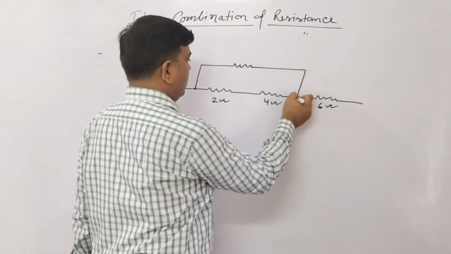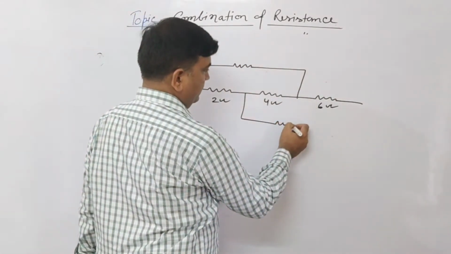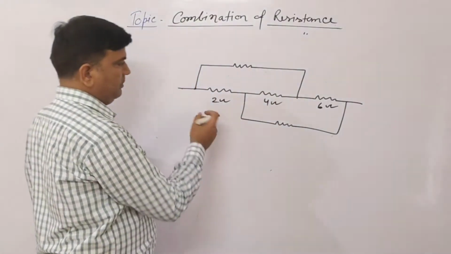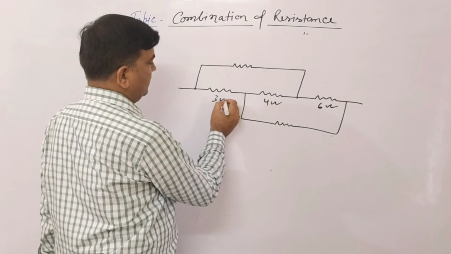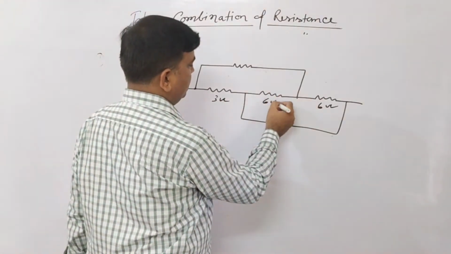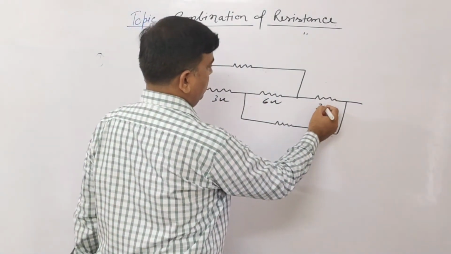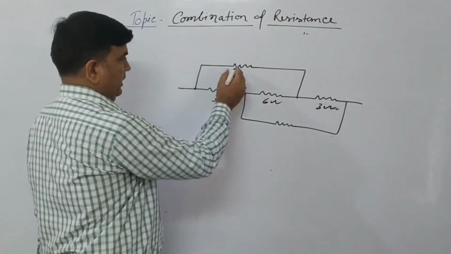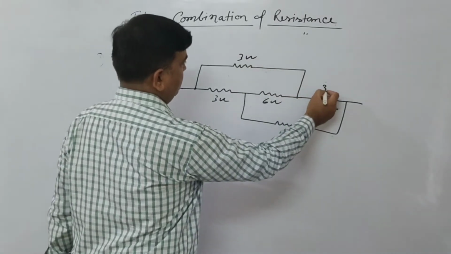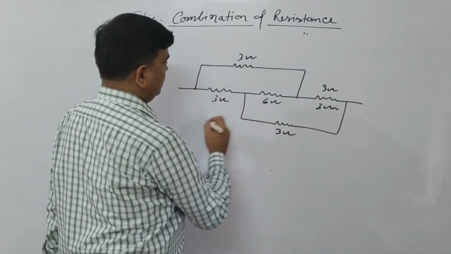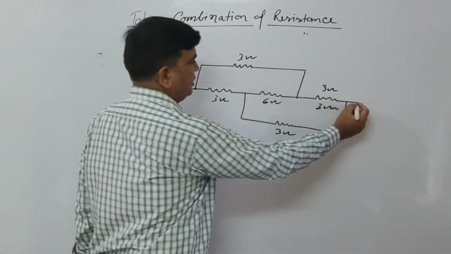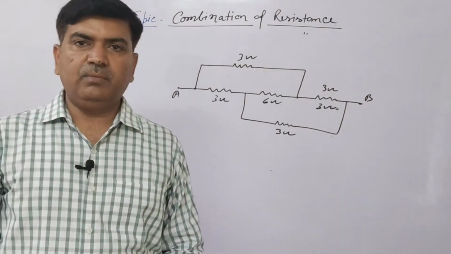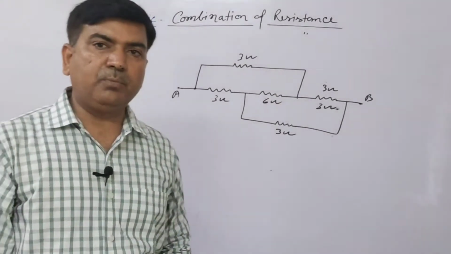And we have to introduce one more resistance in this way. In the place of 2 and 4, we have taken simple examples here. Suppose 3 ohm, and here it is given 6 ohm, and 3 ohm and 3 ohm. Find out the equivalent resistance across the points A and B in the given circuit diagram.